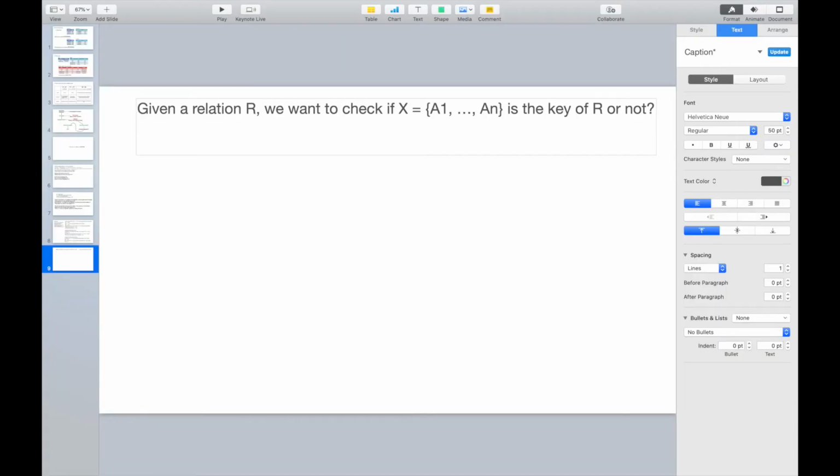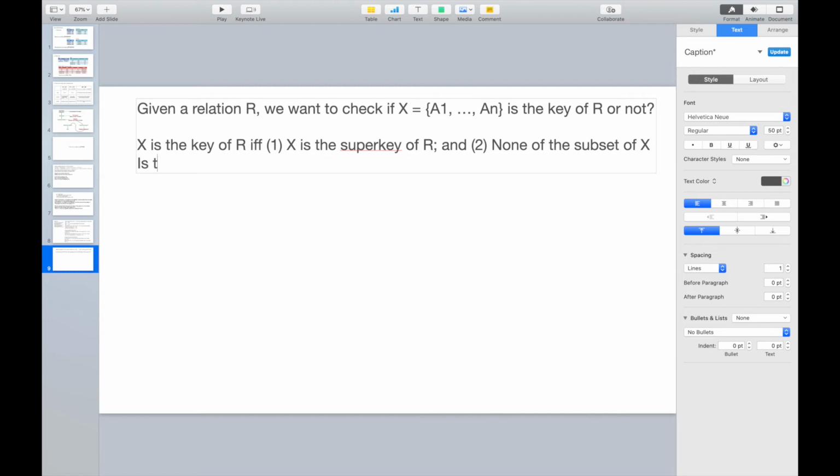So based on the definition of keys, we can say X is a key of the relation R if and only if the first condition is X is a super key of relation R, and none of the subsets of X is a super key of the relation.